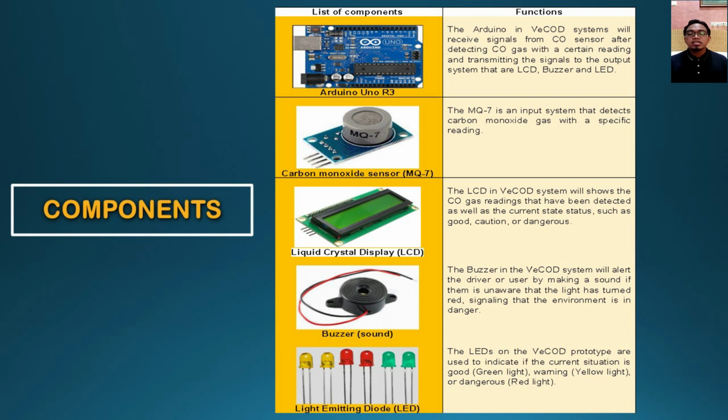After that, the LCD's function is to display the CO gas reading and current condition, whether in good condition, warning, or dangerous. Then the buzzer will emit a sound to alert the driver or user. And the last one, the LED also serves as a tool that will alert the user whether they are in a safe state, warning, or dangerous through the reflected lighting that is green, yellow, and red.